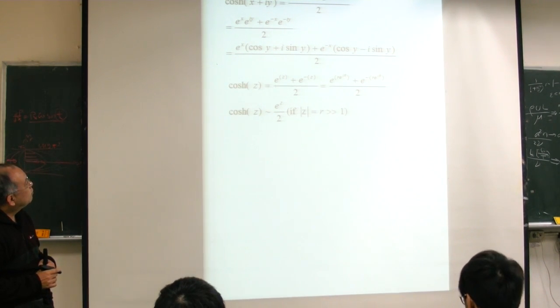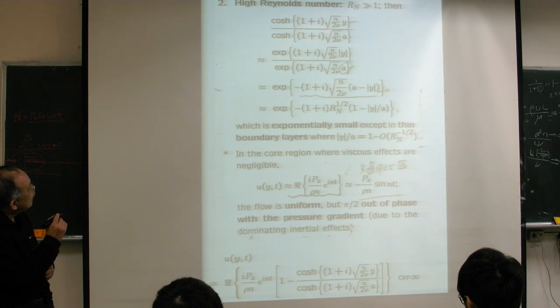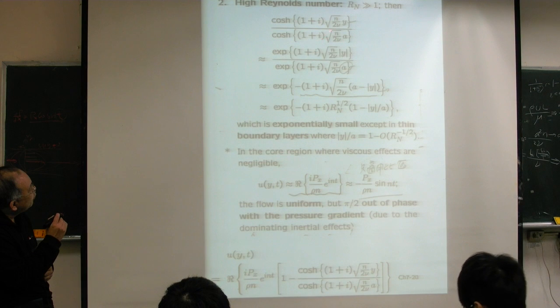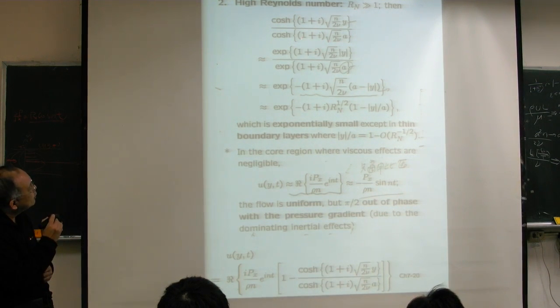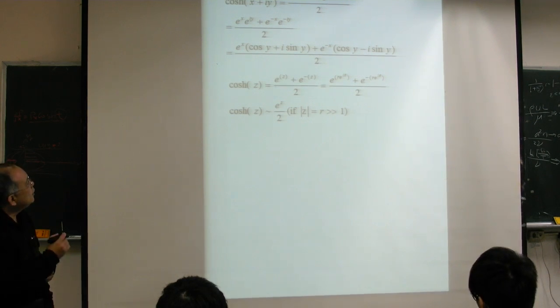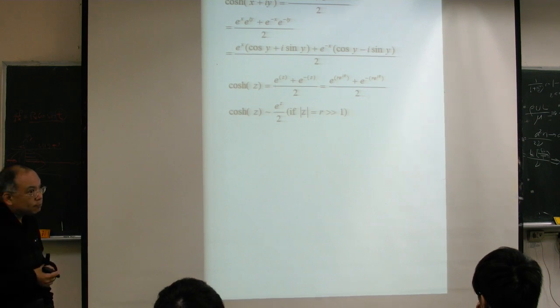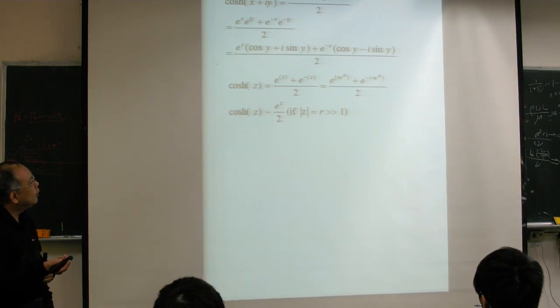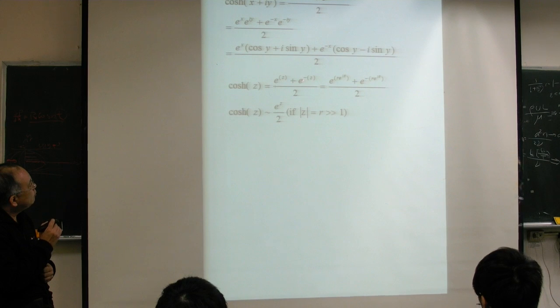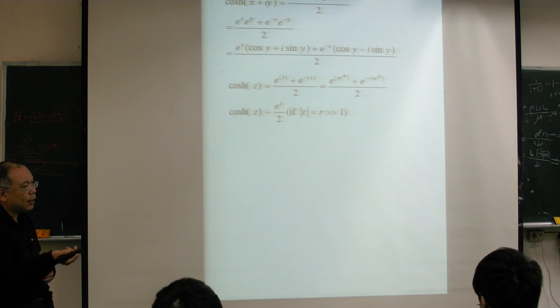We have a hyperbolic cosine function here and a hyperbolic cosine function here. And the argument inside this hyperbolic cosine function, when this number is huge and is a complex number, like z here, z can be changed to what? R e to the i theta, right? Because we're using polar coordinates. And minus z becomes minus R e to the i theta. You can extend that because exponential i theta is a cosine and sine function only.